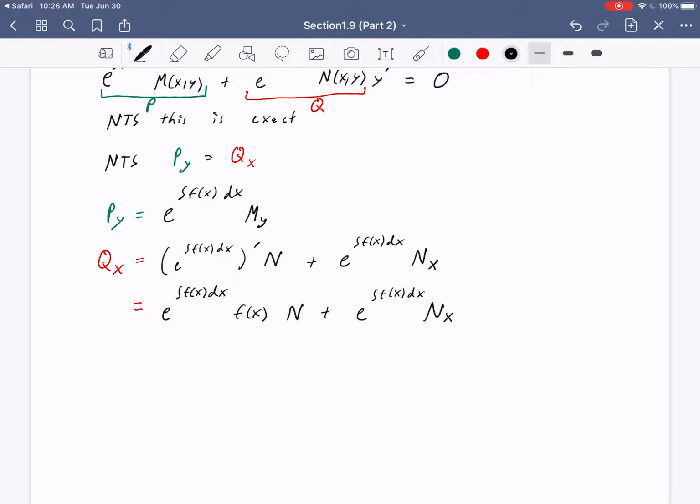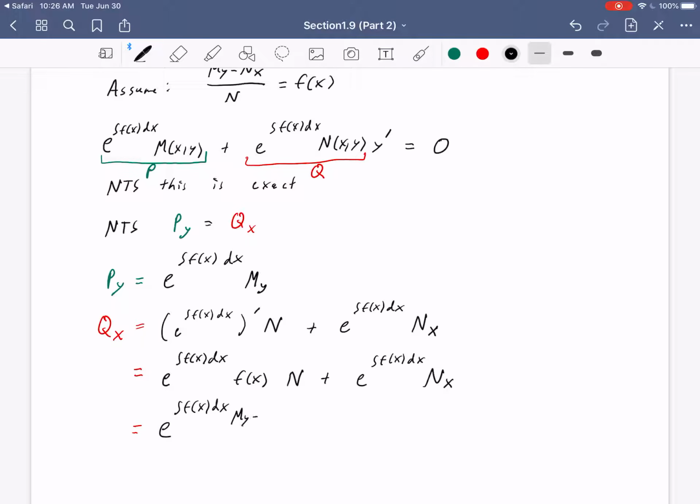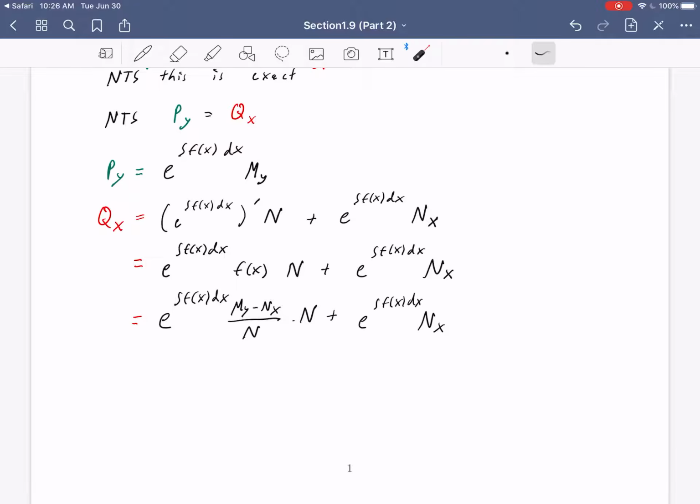So what do we get then? Well, we get that this is equal to e^(integral f(x) dx). That f(x) we're saying is equivalent to (M_y minus N_x) over N, times N, plus e^(integral f(x) dx) N_x. Okay, nice simplification now.